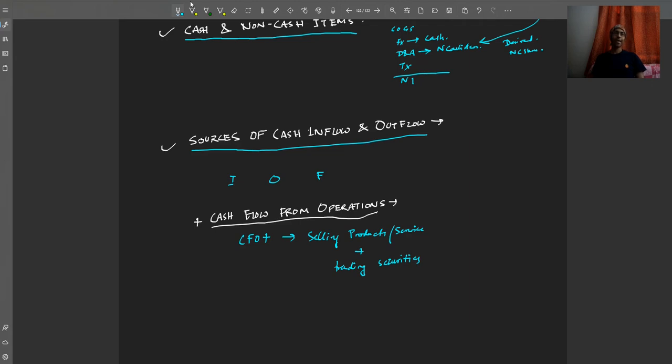Now let us take examples of some cash outflows. CFO minus, that is cash outflows. This is paying salaries, finishing product from inventories, right? Converting inventory into a finished product, delivery of the product, marketing expenses, etc., etc. So these are examples of cash outflow from operations.